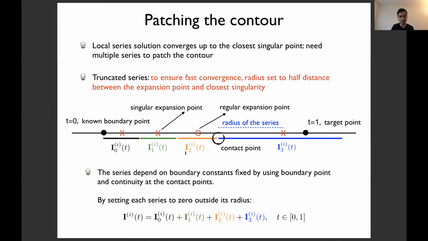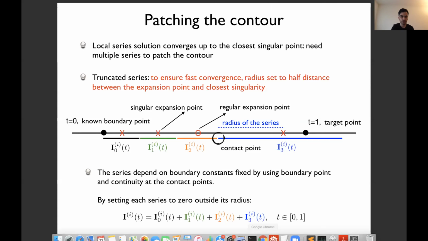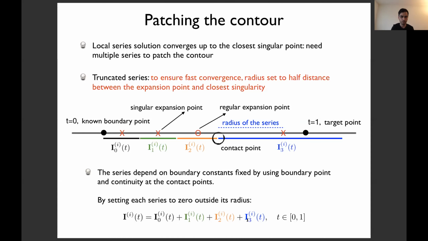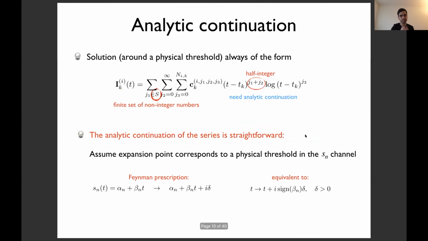And then by imposing continuity when we go from one series to another, I'm able to fix the constants for all the series. In this way, if we formally set to 0 the series outside the radius of convergence, we can break down the solution along the entire contour. So once we have done this, we can compute the value of the integrals at any point of the contour, in particular at the target point that we are interested in.